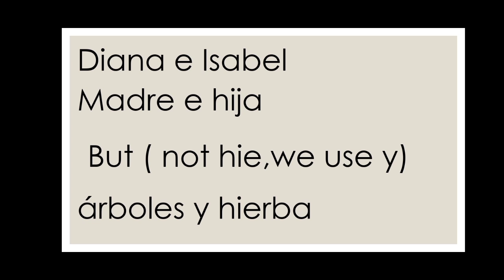Not y, hi, e. Hi, we use e. But if we have a word starting with hie, it's pronounced differently, like ye. Hierba. Hierba. Okay. So we don't use e. We use y. Árboles y hierba. Okay. I hope you understand.